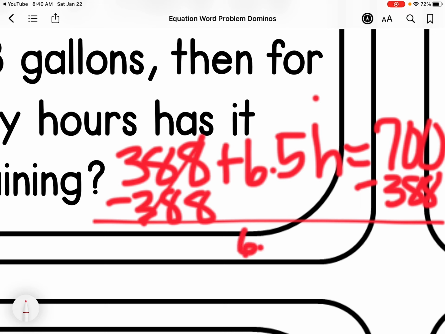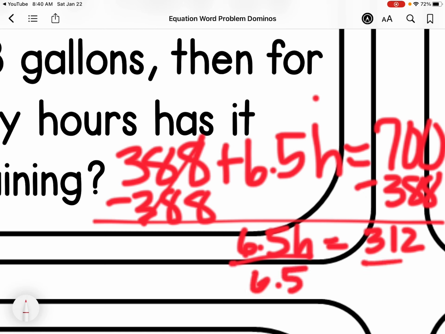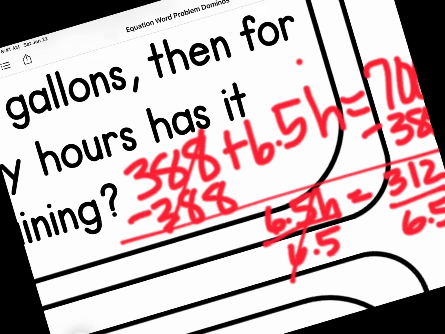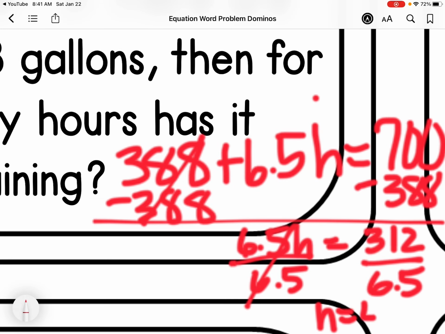So I'm left with 6.5H equals 700 minus 388. So 312 gallons were drained off. I'm going to divide by 6.5 on each side. And I find out that it's been draining for 48 hours. So 2 days.